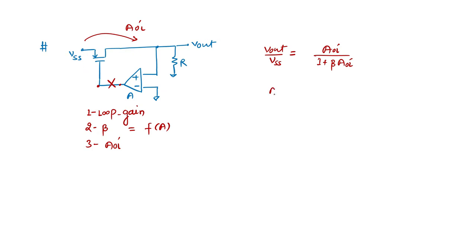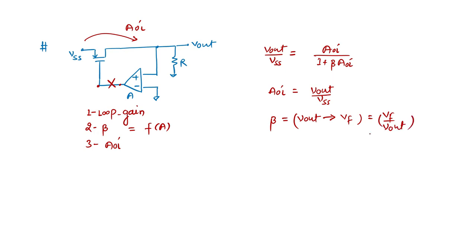What is the AOL dash? It is V out to VSS, and beta is from V out to the feedback voltage, or I should say feedback voltage by V out.